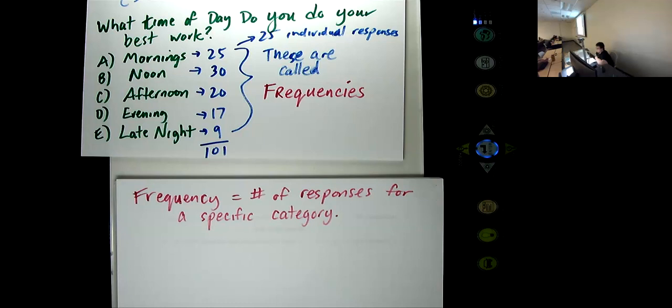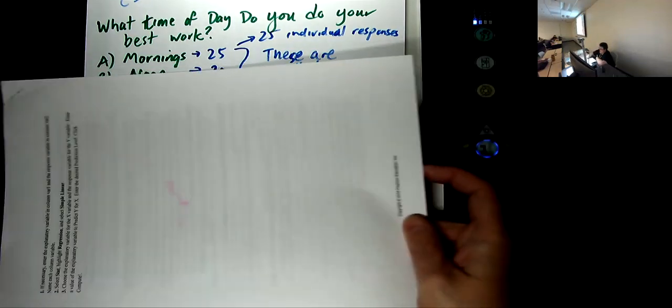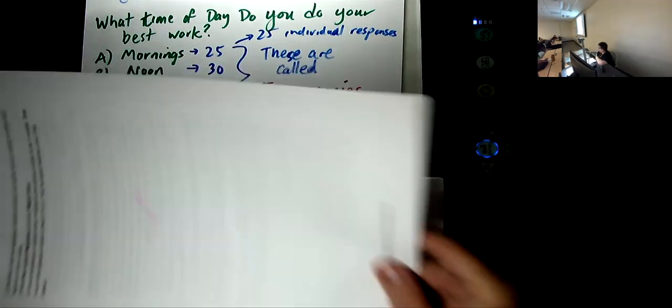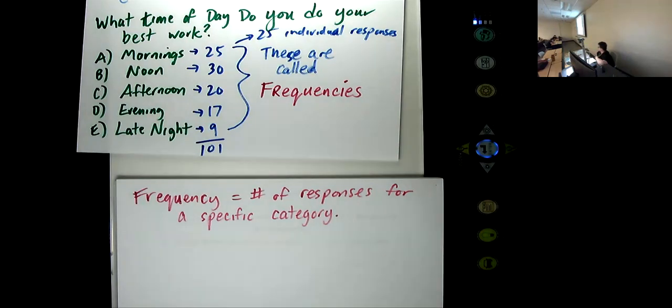Okay, so what if I just told you 25 people said they preferred morning, and you weren't able to see the rest of the table? I didn't tell you there were 100 people. I just said 25 people chose morning. That doesn't really tell you a lot.